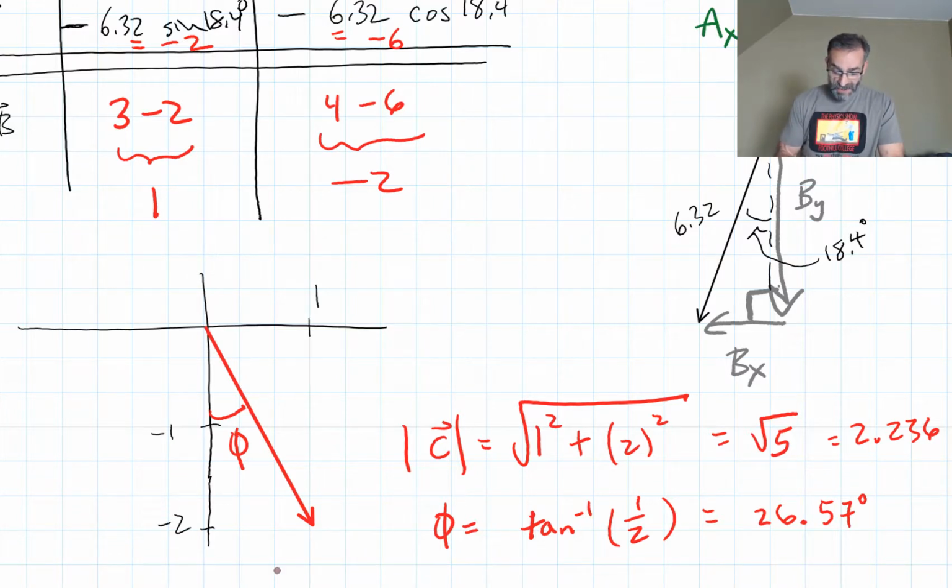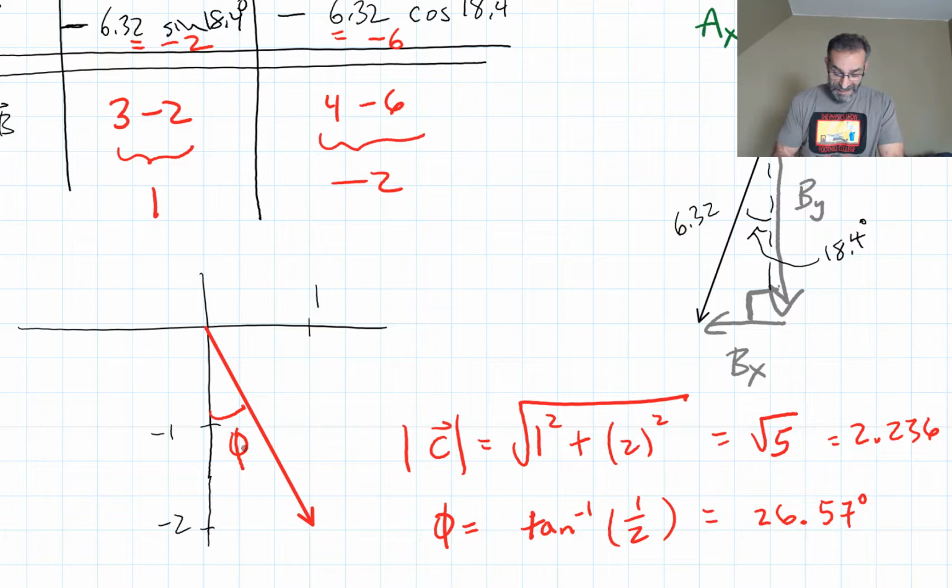If you're drawing a picture like this, and you've indicated an angle here, do not put a minus sign there, right? This number has to be positive. You've told me this angle is what you're measuring. Don't give me a negative angle if you're telling me this angle is what you're measuring.